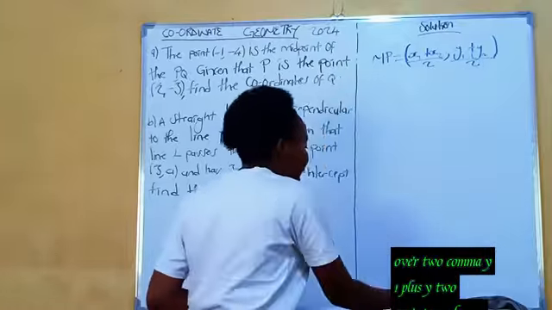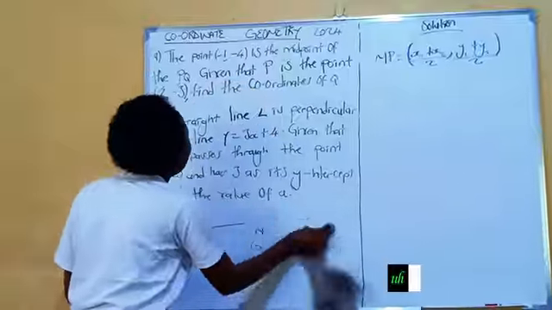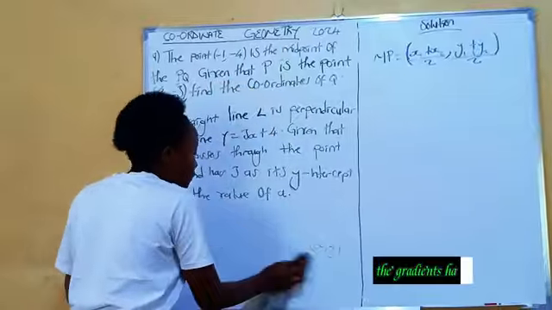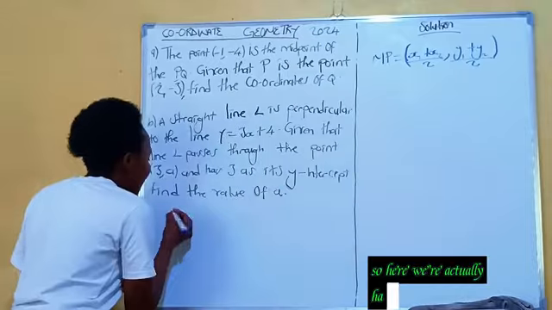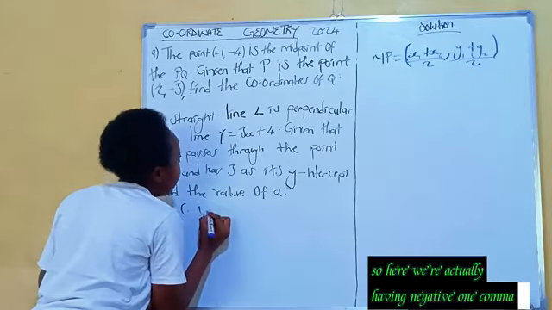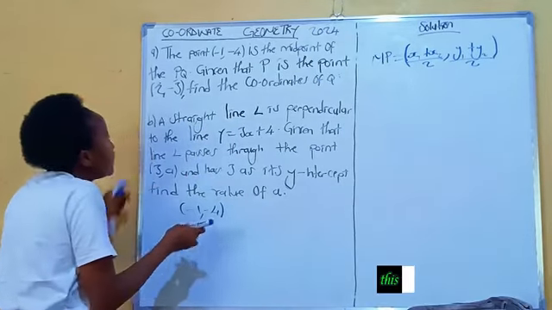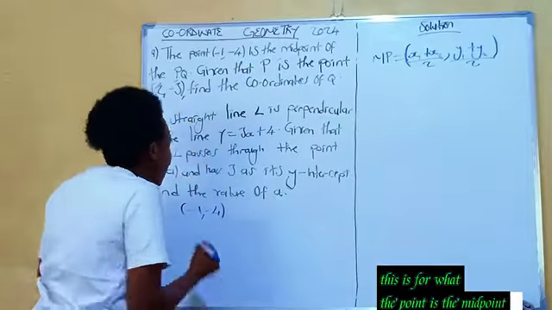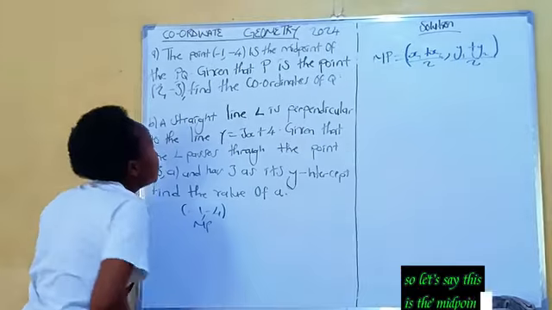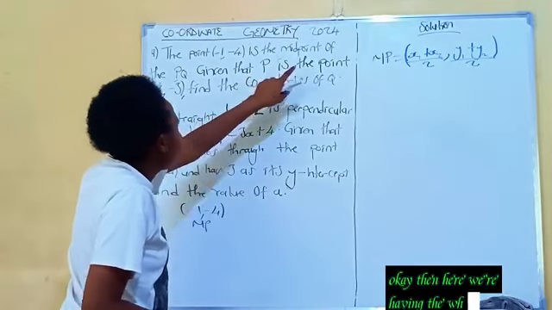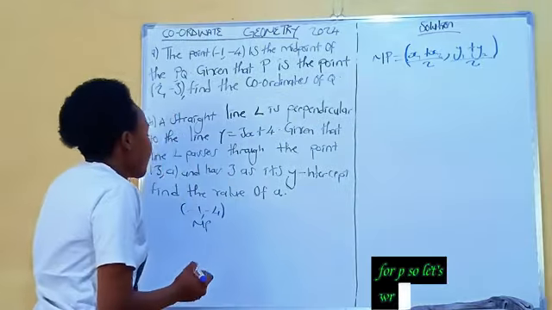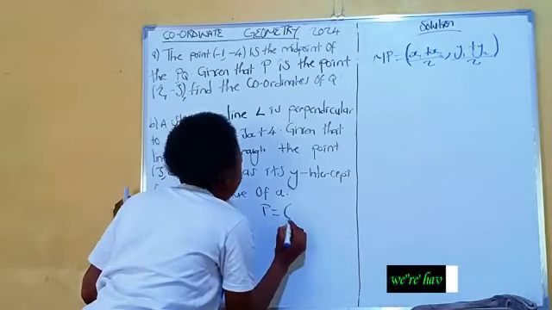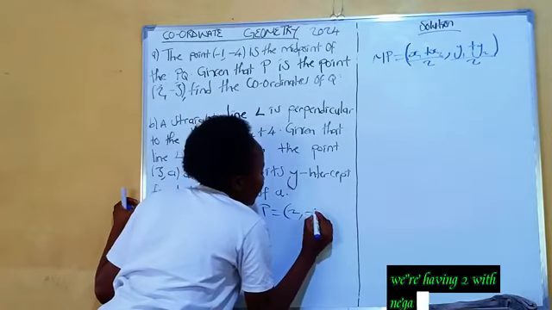Here we've already been given the midpoint, which is negative 1, comma negative 4. Then here we're having the coordinates of P and Q, but we've only been given them for P. So let's write the coordinates for P, which are 2 with negative 3.